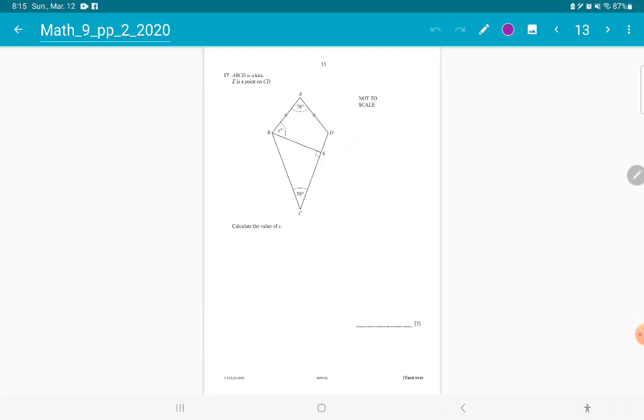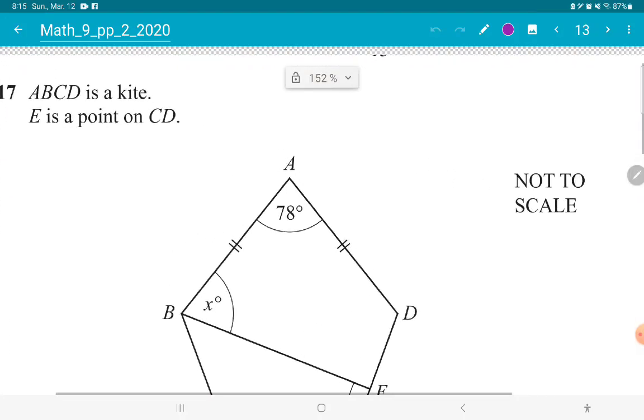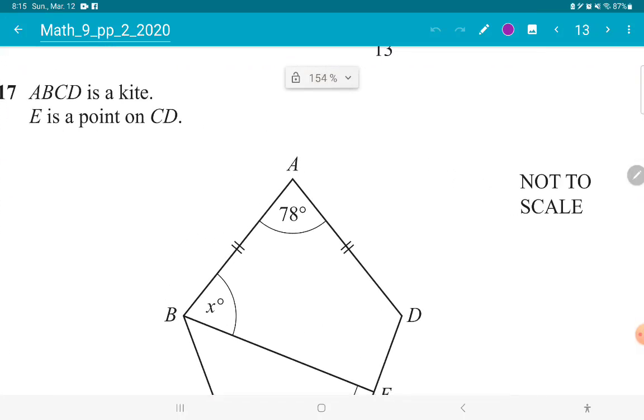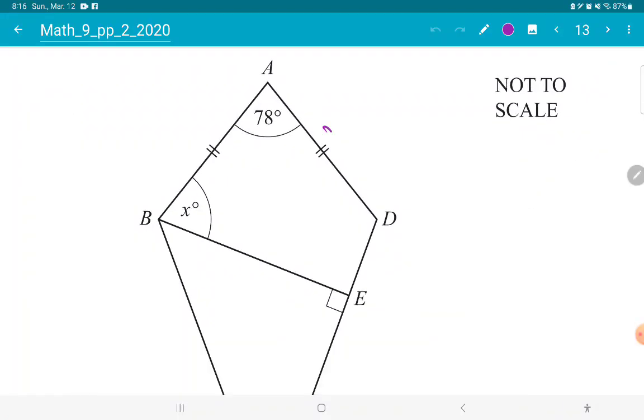And we go next. A kite. Given in here are some angles. This means they are the same. If they are the same, this angle equals that angle also. That's the definition of the kite.